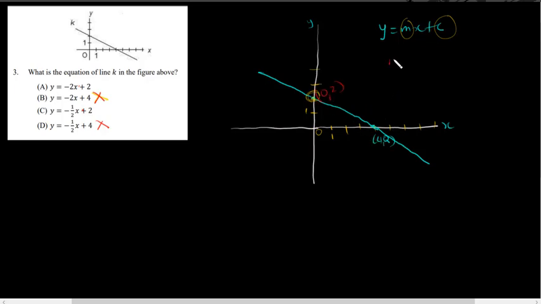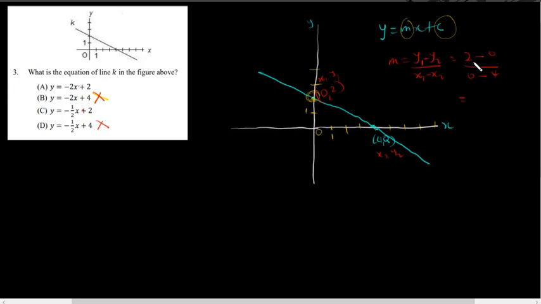So using the formula of the slope, that is y1 minus y2 over x1 minus x2, or the other way around. Let me take this as my x1 y1, and this is my x2 y2. So y1 is 2, y2 is 0, x1 is 0, x2 is 4.